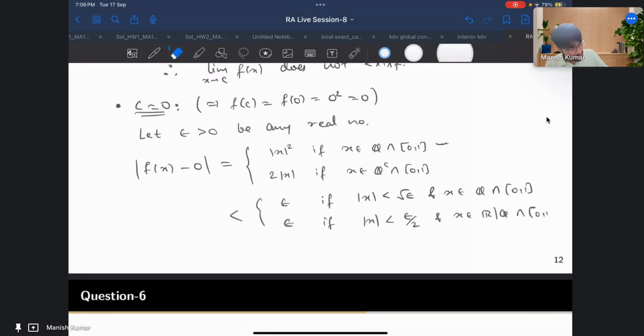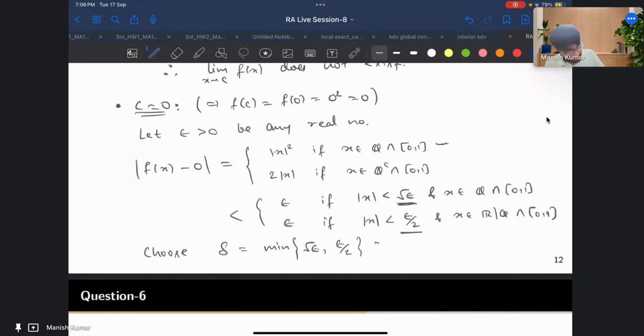Okay, so now you just take delta, which is the minimum of these two. So choose delta equal to the minimum of root epsilon and epsilon by 2. Then what do we have?